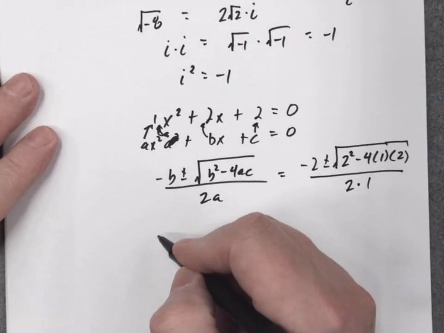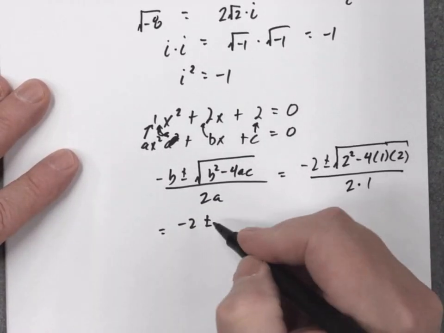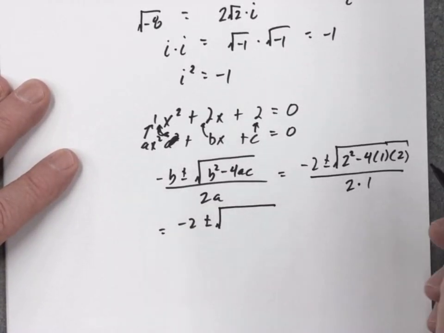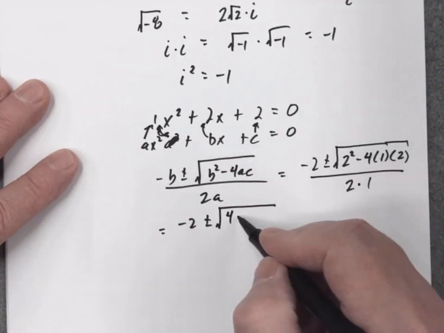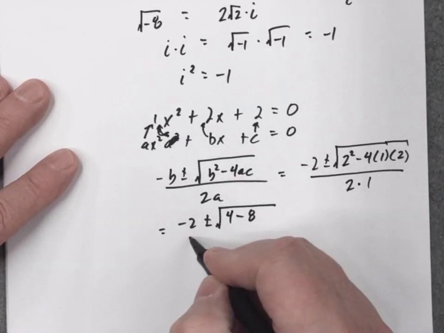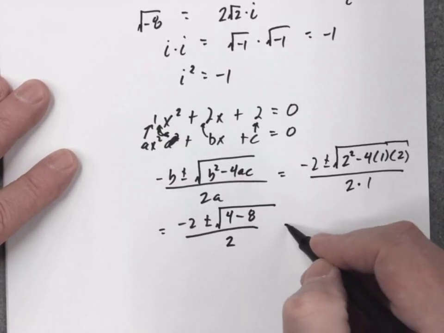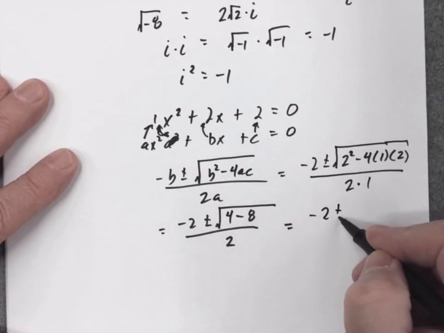Now if we simplify this, we have -2 plus or minus the square root of 4 minus 4 times 1 times 2, which is 8. So 4 minus 8 is -4.